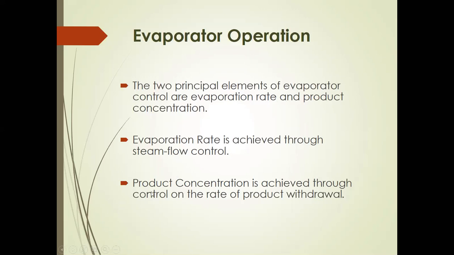Now, if you want to control the concentration of the product, that is, if you want to increase or improve the concentration of the thickened liquor in terms of its solid content, then we control the rate of product withdrawal. Meaning, we don't remove everything all at once. The concentrated liquor is not all removed, then the next set of fluid concentrated and constantly removed.